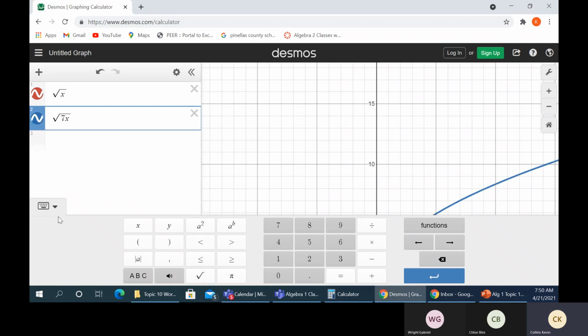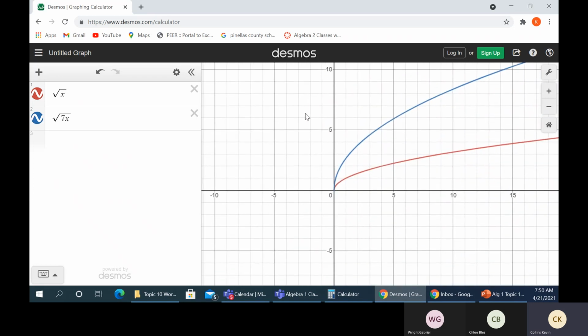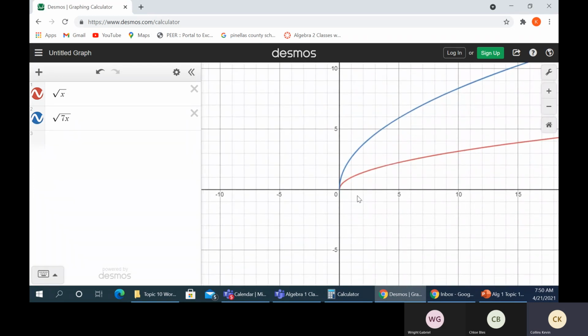All right, so let's take a look here. Got to move our graph around so we can see what's going on. There we go. So again, this has the same starting point. So as you can see, we know that this graph is going to go up about 2.6 times faster. So that's why this guy's getting pulled up as opposed to the guy in red. Okay, so this would definitely be a vertical stretch.